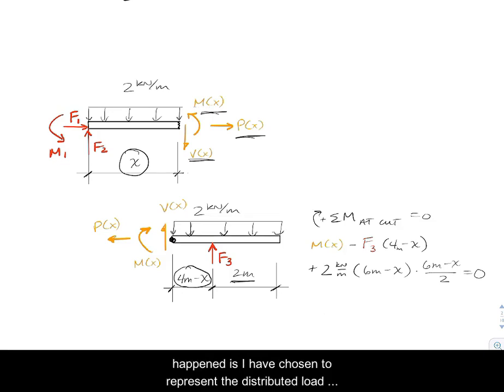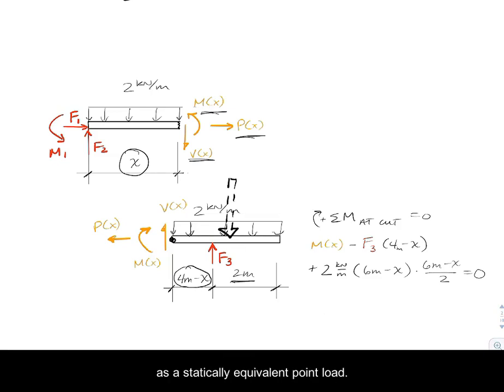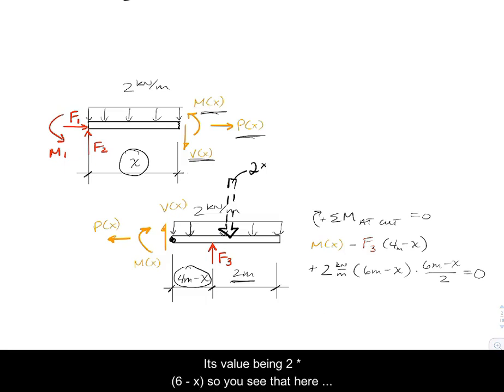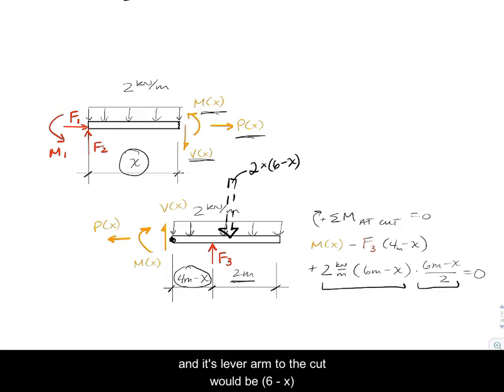And then I have now chosen to represent the distributed load as a statically equivalent load, its value being 2 times 6 minus x. And you see that here. And then its lever arm to the cut would be 6 minus x over 2.